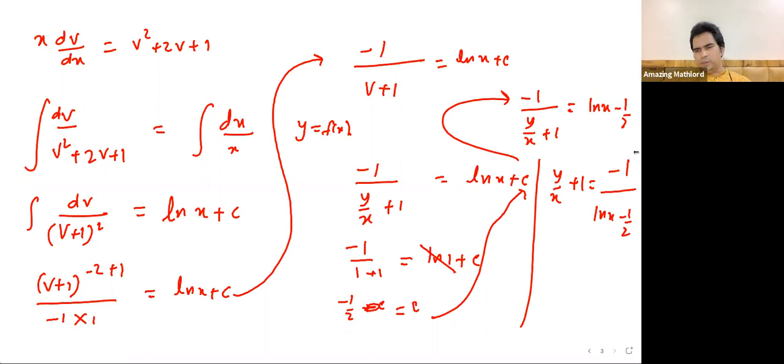Then you bring the 1 to the other side, so y equals -1 upon (ln x minus half), minus 1, and the whole thing you multiply by x. So the answer is x times (-1 upon (ln x minus half) minus 1). This is the basic skill that you need for the homogeneous technique.